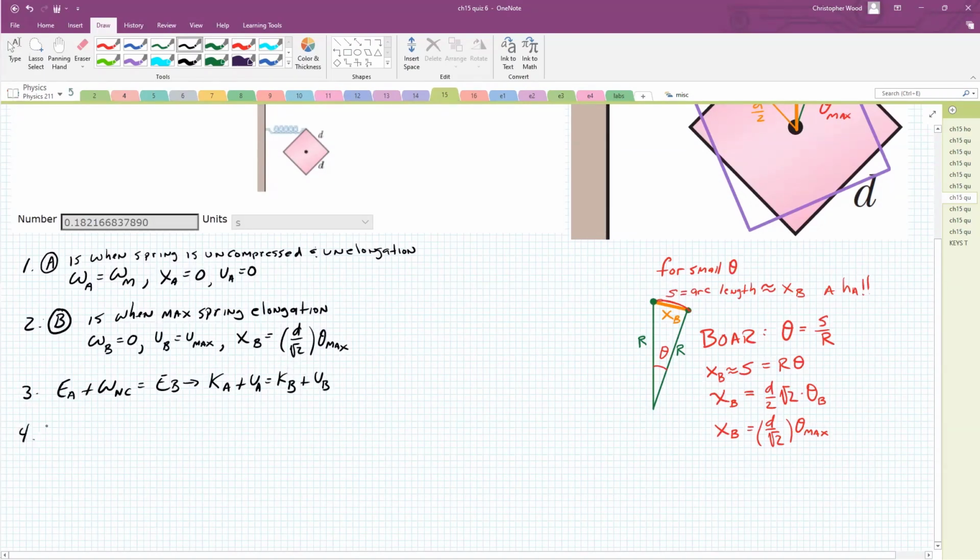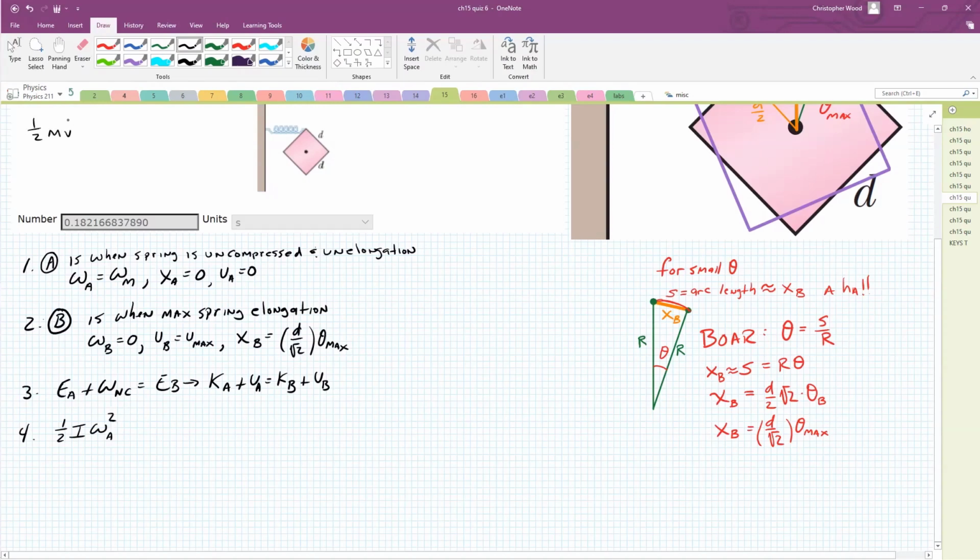Let's personalize this. So let's see at energy state A. Well, here, 1/2 I omega A squared. Why am I not writing 1/2 mv squared?